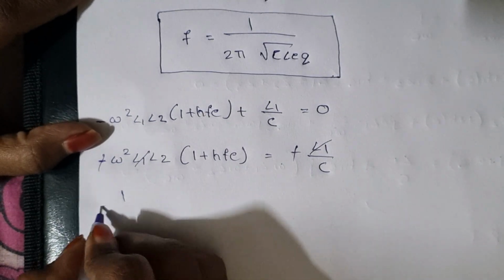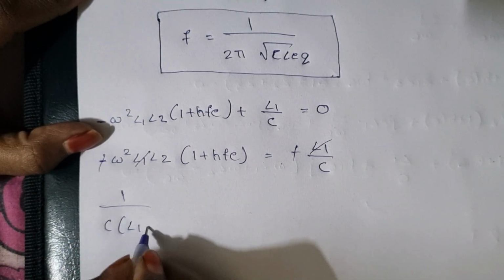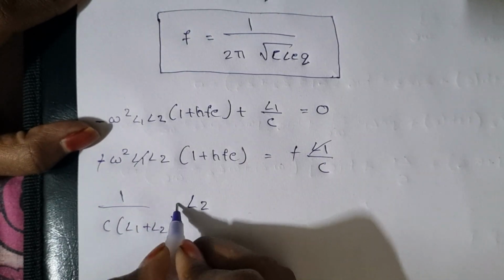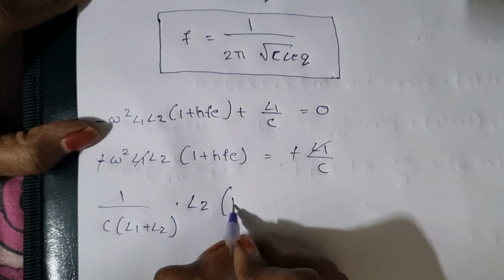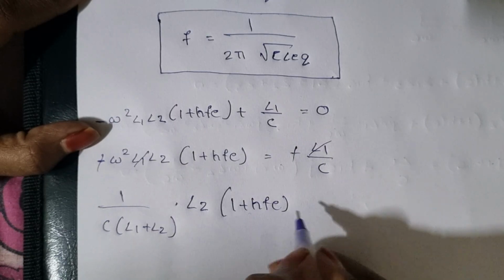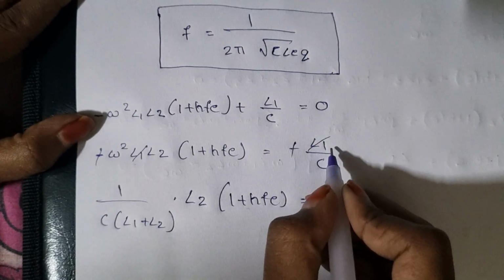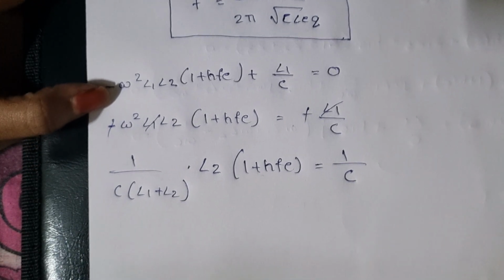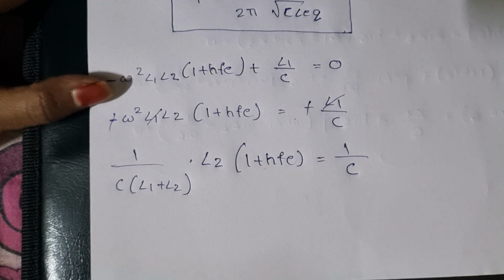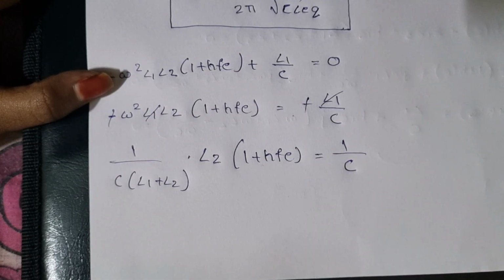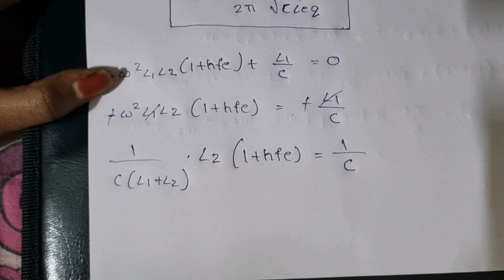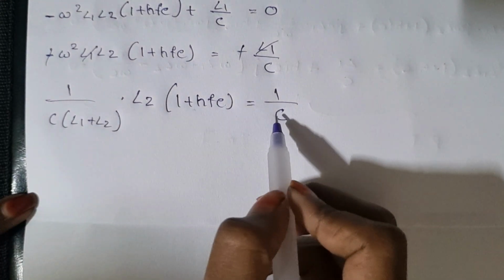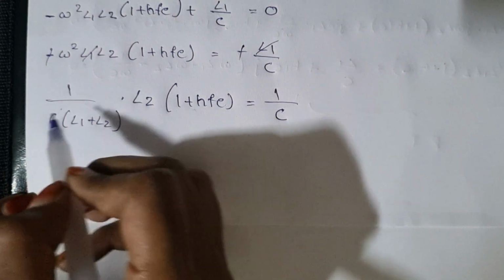So 1 by C of (L1 plus L2), remaining is L2 of (1 plus HFE) equals, so here L1 is cancelled, so 1 by C. Now here C and C are common, so they get cancelled.